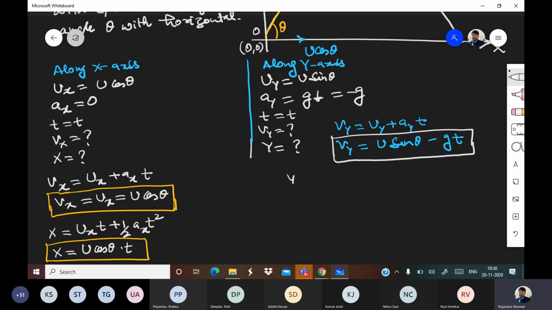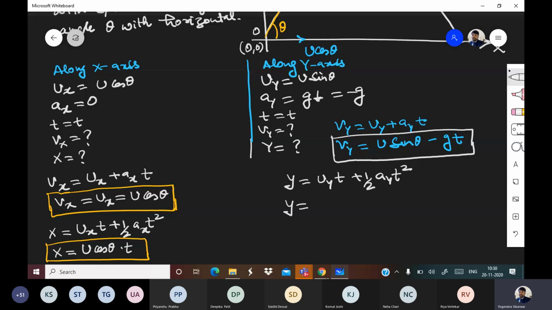And y will be uy into t plus half ay into t square.